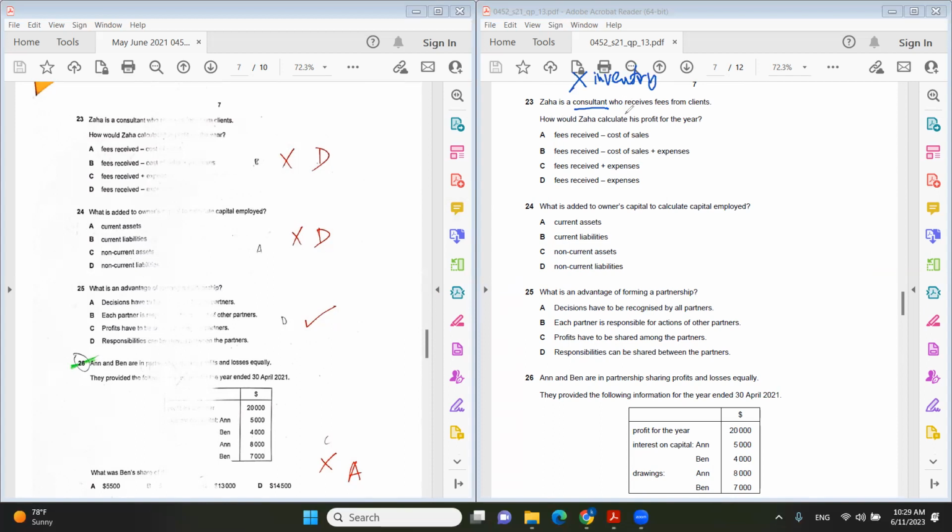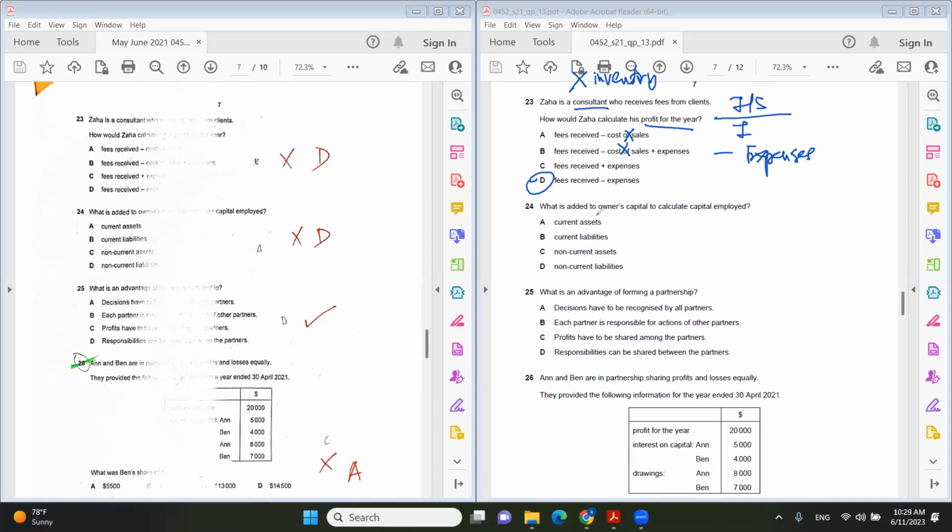How would Zaha calculate his profit? In this case, when you calculate the income statement, you would take the income minus the expenses because you don't have inventory. When you don't have inventory, no cost of sales. So either C or D. Since here it puts minus expenses, the answer should be D.